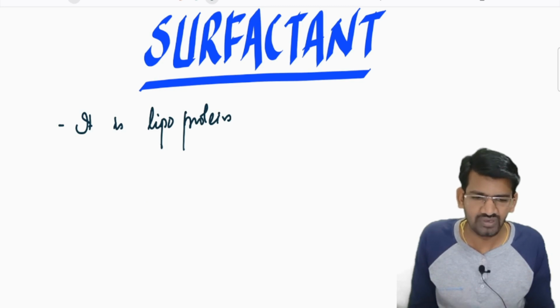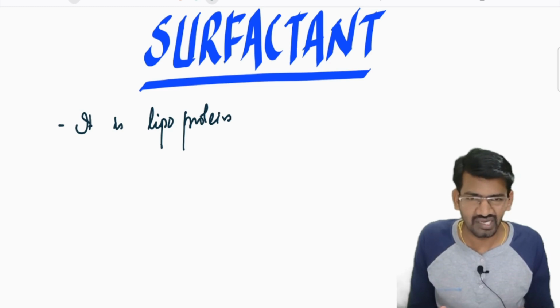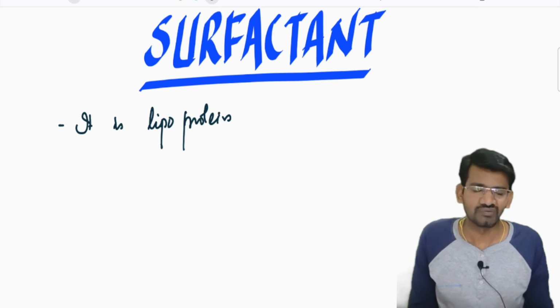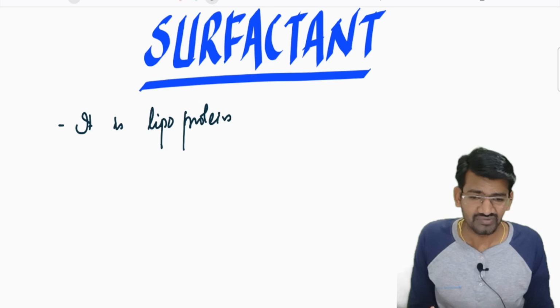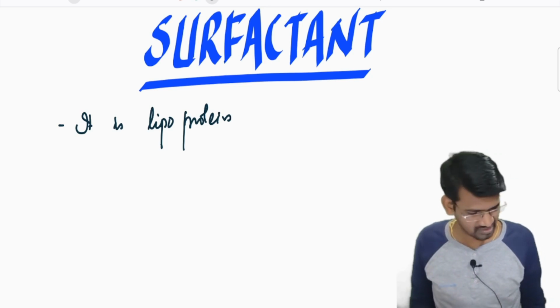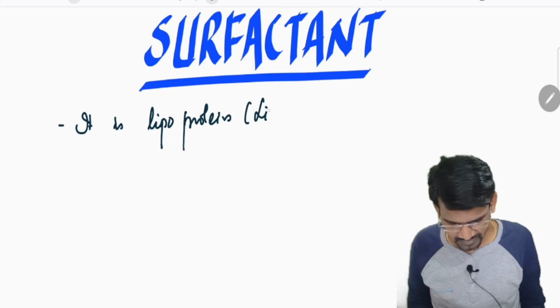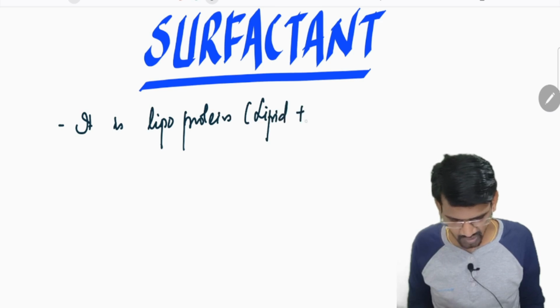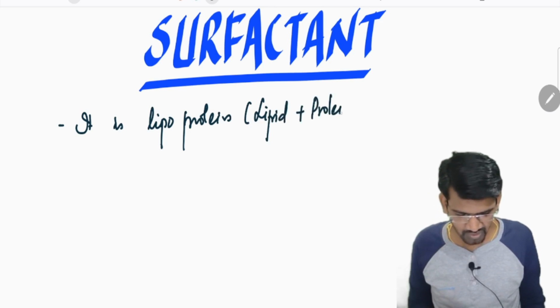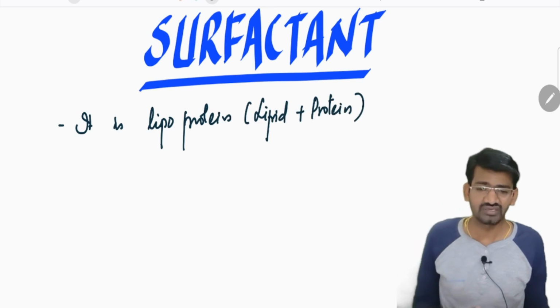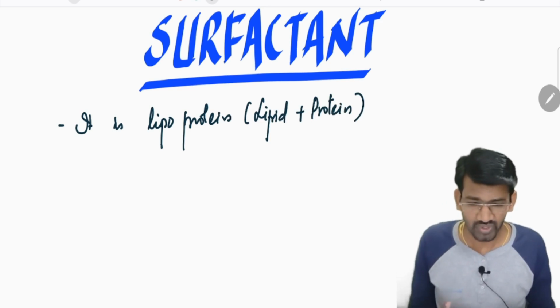It is a compound which is secreted in the lungs, specifically in the alveoli, by the type 2 pneumocytes or alveolar cells. It contains lipid molecules plus protein molecules. So all together it is a lipoprotein.